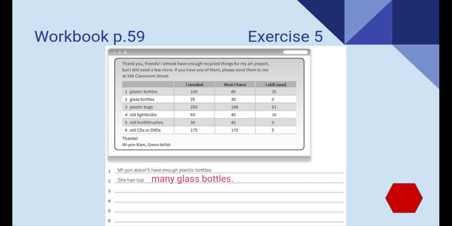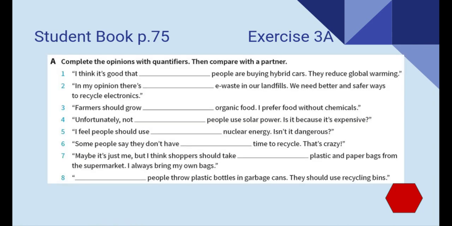Okay, guys, we're going to be checking all of these exercises during our Zoom lesson. So let's continue. I want you to go to your student book on page 75, exercise 3A. In this exercise, you have to complete the opinions using quantifiers. More, not enough, too many, too much, fewer, or less.